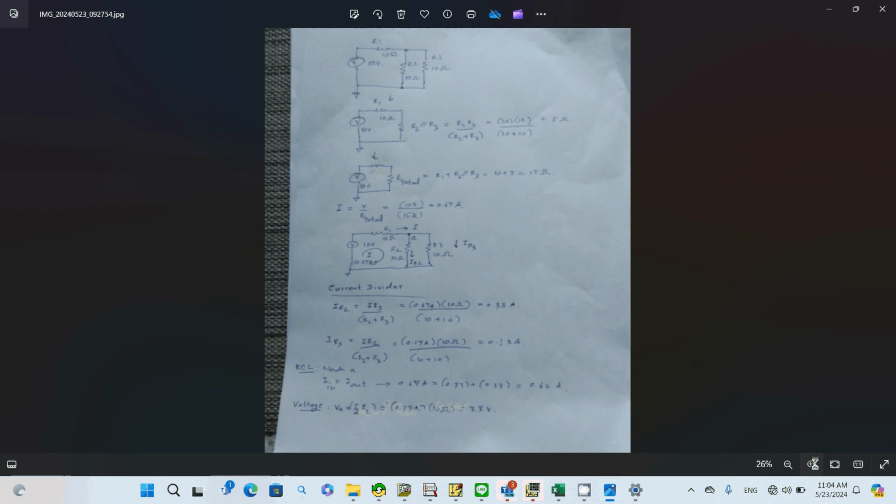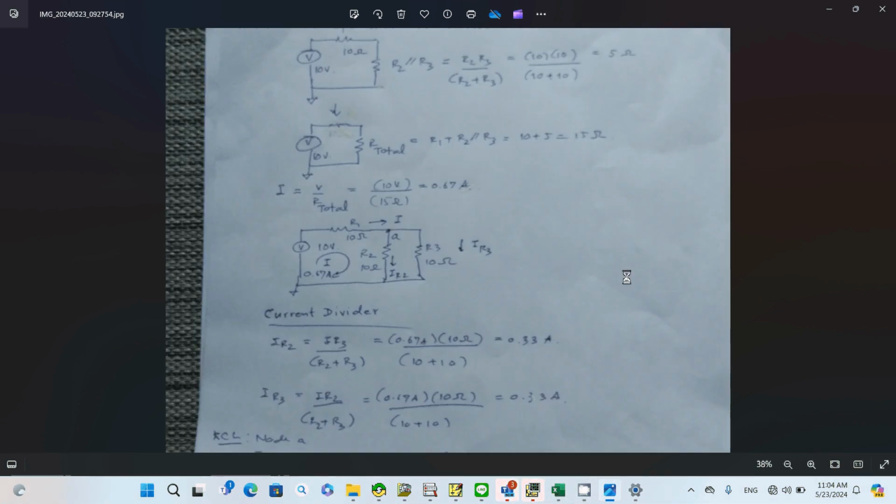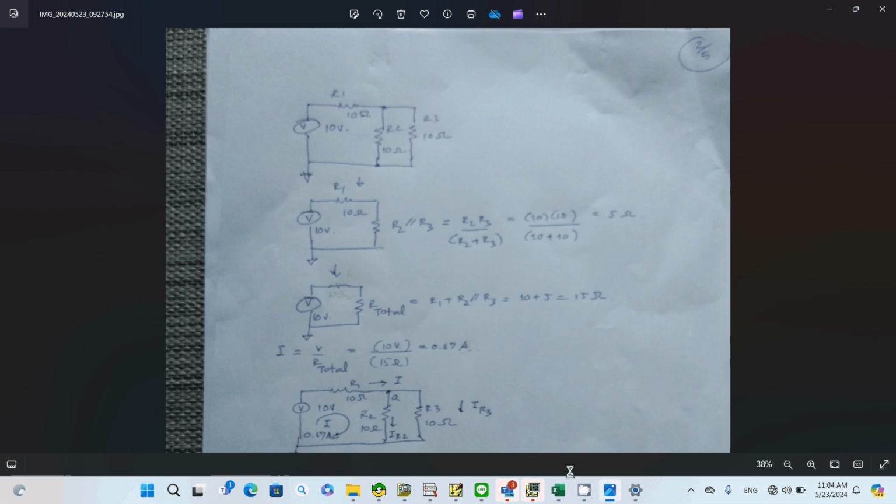Now let's look for I2 and I3. You can see that R2 and R3 are in parallel, and R2 in parallel with R3 simply becomes R2 R3 divided by R2 plus R3, and that gives you 5 ohms.